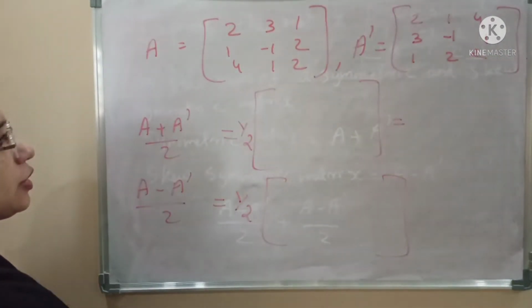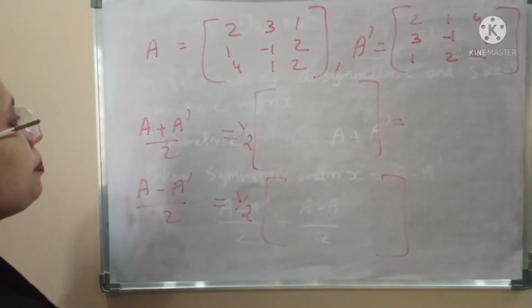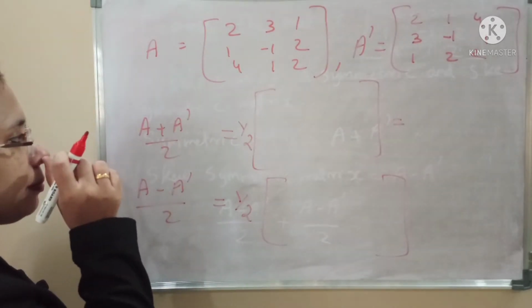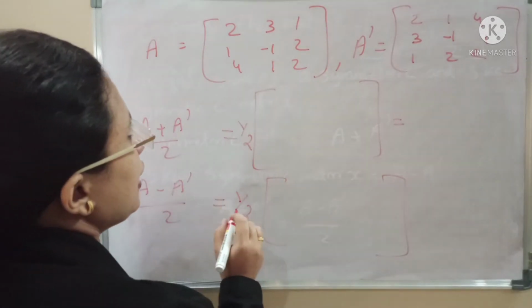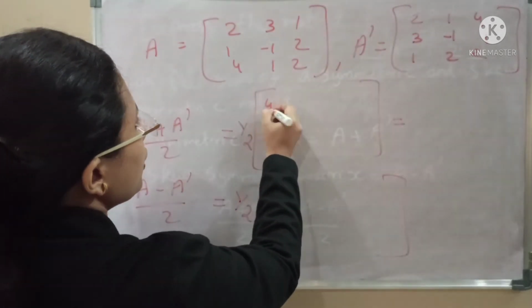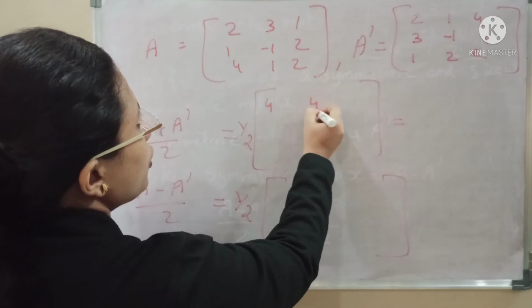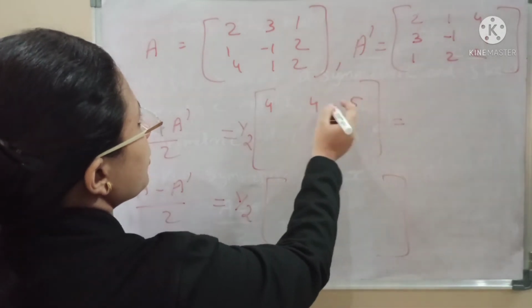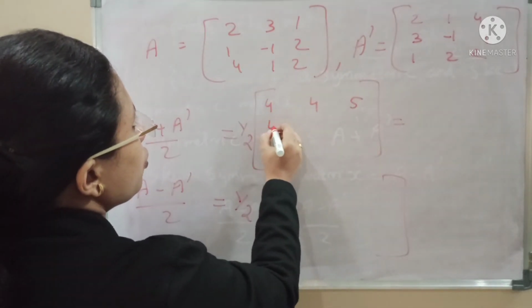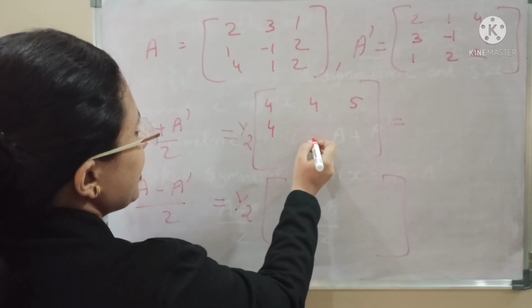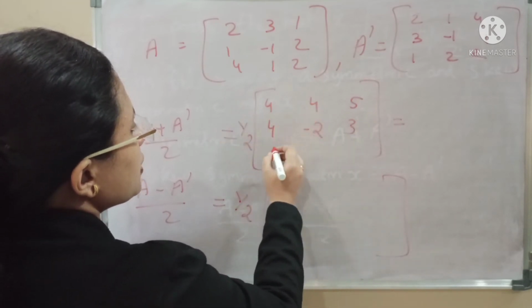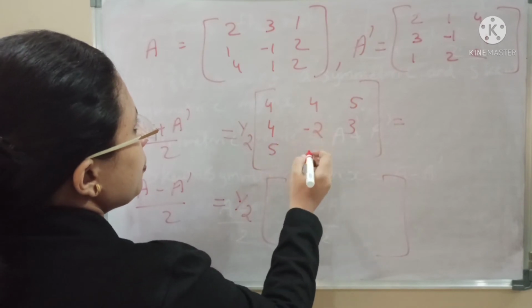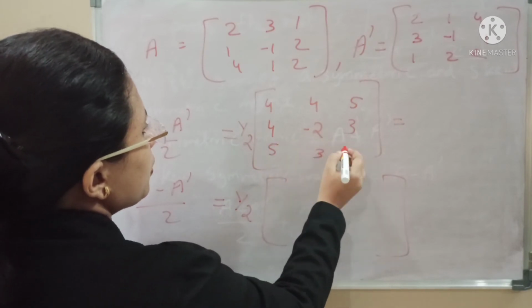Okay, so A plus A dash divided by 2. First of all A plus A dash, so 2 plus 2 4, 3 plus 1 4, 1 plus 4 5, 1 plus 3 4, minus 1 plus minus 1 minus 2, 2 plus 1 3, 4 plus 1 5, 1 plus 2 3, 2 plus 2 4.